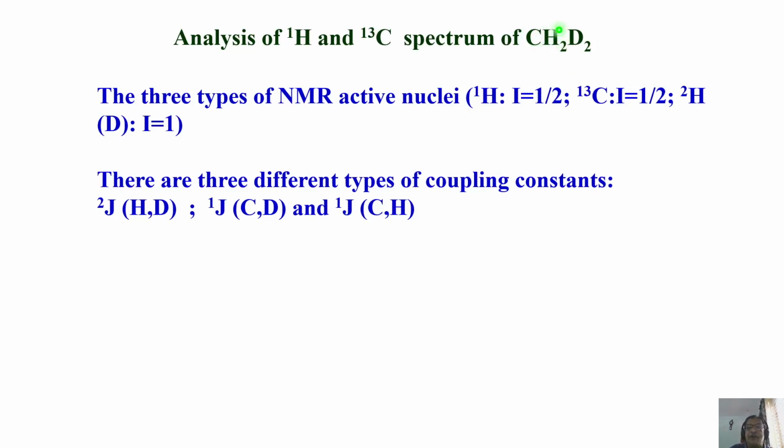Remember, this proton will be coupling to deuterium. What is deuterium spin? Spin 1. Use the same familiar approach. The two deuteriums, which are magnetically equivalent, will split these two protons because of J coupling.